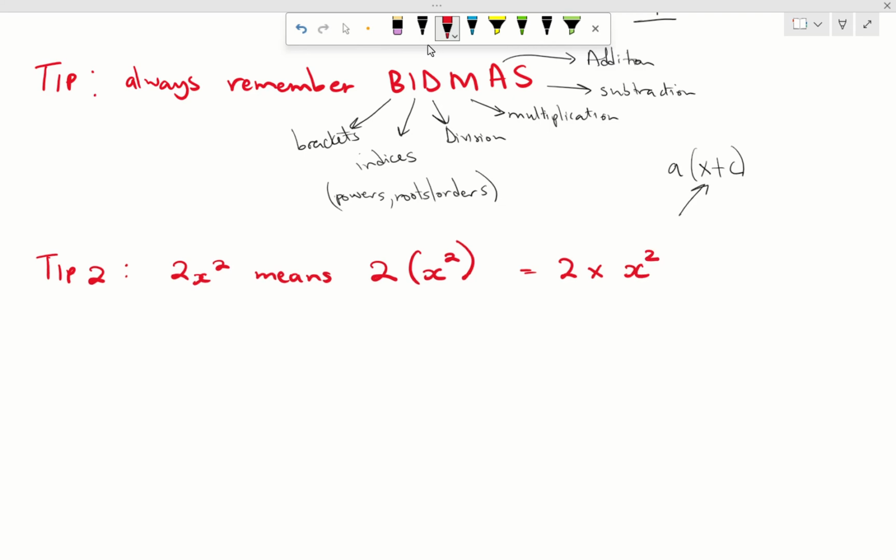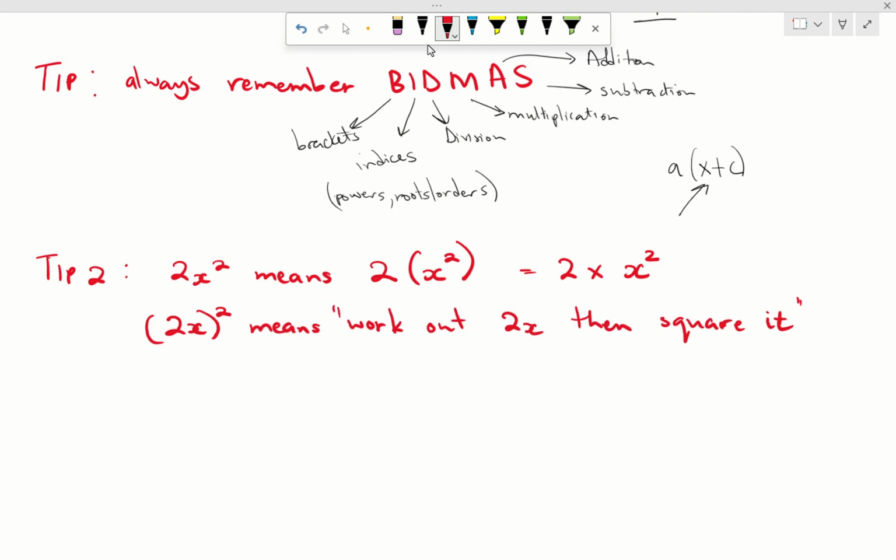And then if we have 2x squared, this means work out 2x first, and then you square it.